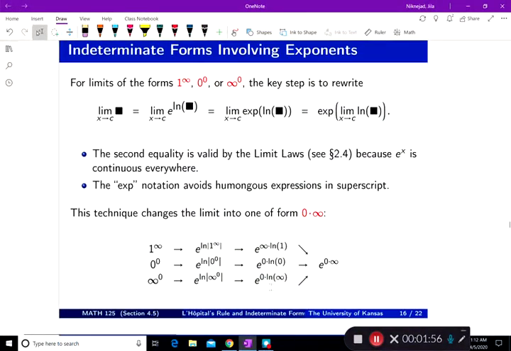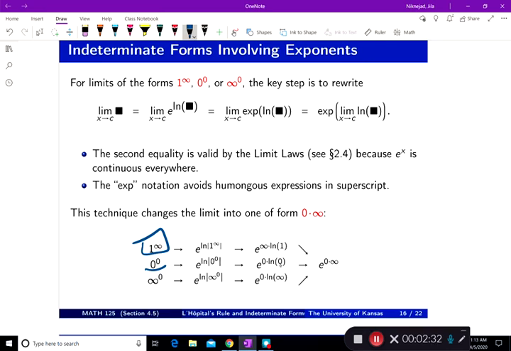Here is a little sketch of how everything works. If it's 1 to infinity, it becomes e to the power natural log of 1 to infinity. Infinity is the exponent, so it becomes exponential of infinity times natural log of 1, which is e to the power 0 times infinity. Here, 0 to 0 becomes e to the power natural log of 0 to 0.